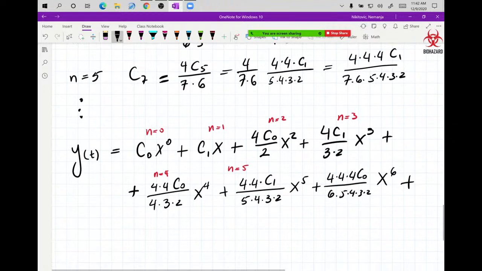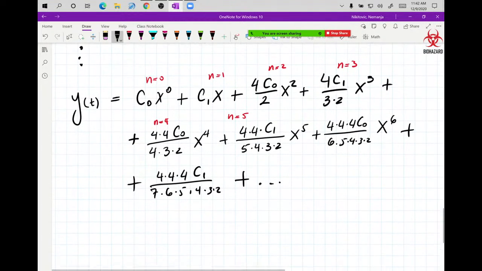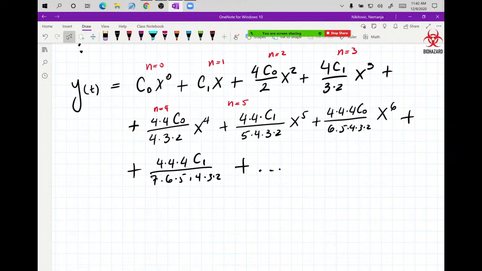And the last term is the one all the way on the bottom: 4 times 4 times 4 C1 over 7 times 6 times 5 times 4 times 3 times 2. Plus, it goes forever. Now, the question is, can we fix this somehow? And the answer is yes, we can.